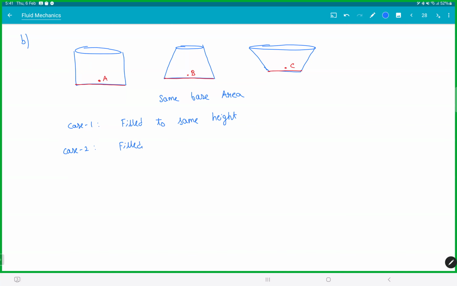Meaning, in the first question, they're given same height. In the second question, they're given same, let's say, 5 liters in first one, 5 liters in second, and 5 liters in third. Same volume of liquid is filled.